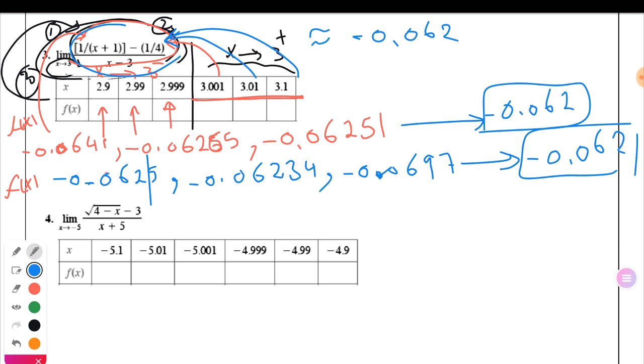Before solving the homework, which is question number 4 and number 5, please watch the video many times to understand and remember the meaning of each vocabulary. What is the meaning of limit? What is the meaning of approaches? How to find the limit numerically, because we have different ways to find the limit of a function. But in this lesson, we find the limit numerically by completing a table.